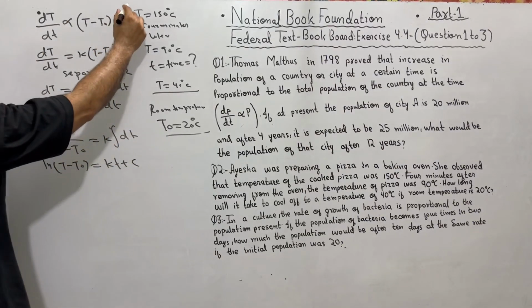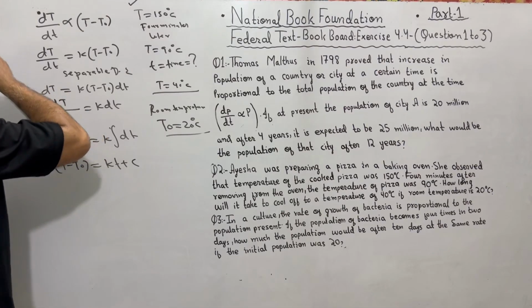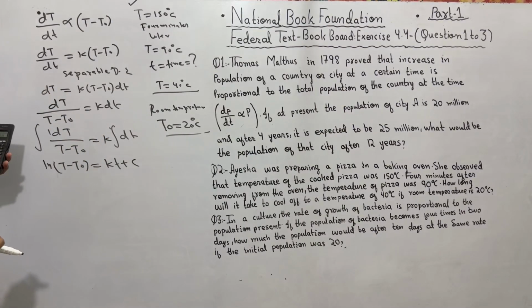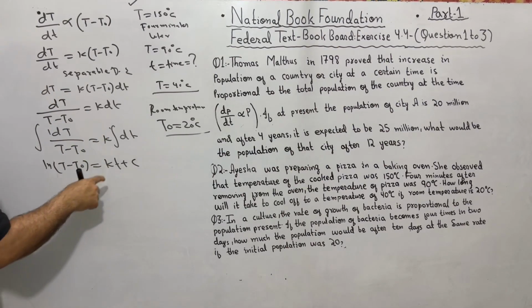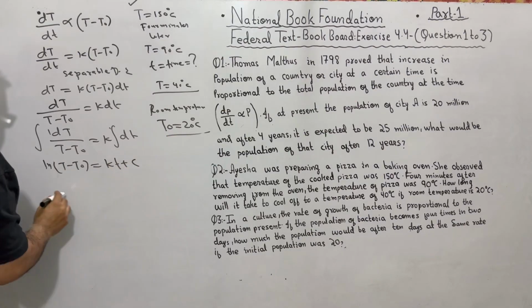Initially, when the pizza is cooked and taken out of the oven, its temperature is 150 and our ground temperature, room temperature, is 20.